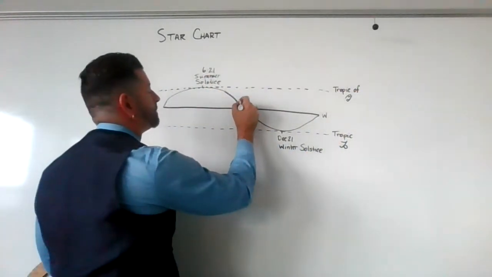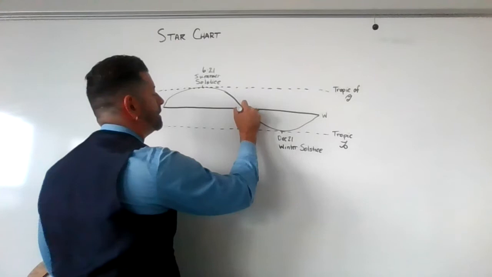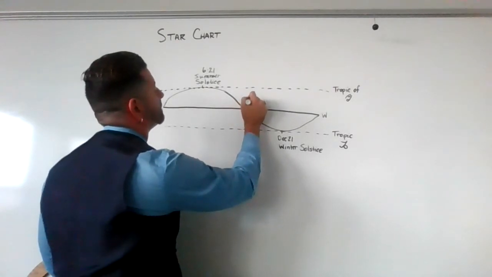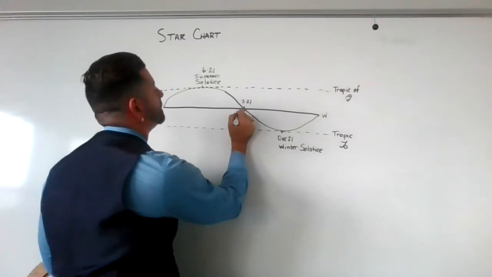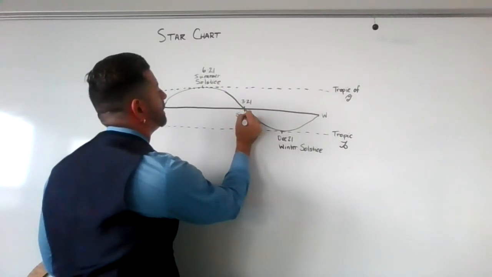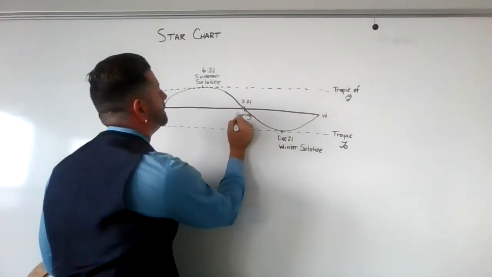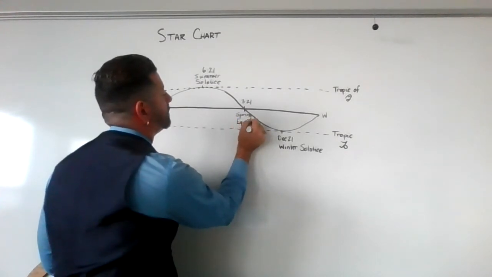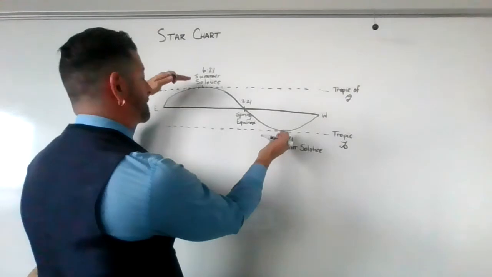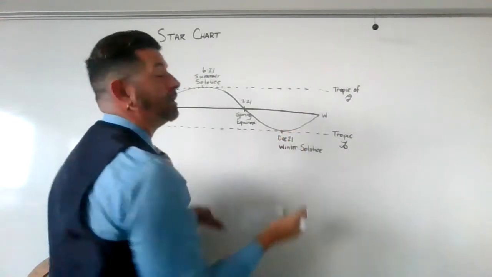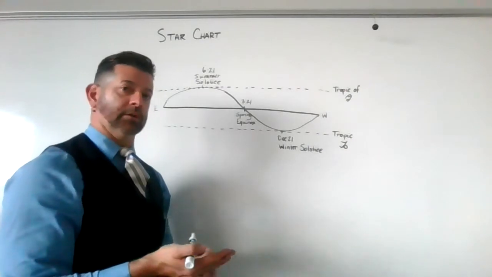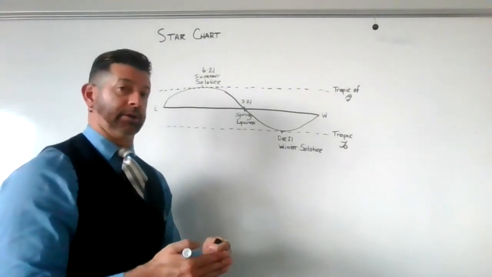That makes this point right in the middle, March 21st on average, or spring equinox. Solstices are when the sun's at its extreme. Equinoxes are when the sun is crossing both the ecliptic and the celestial equator.